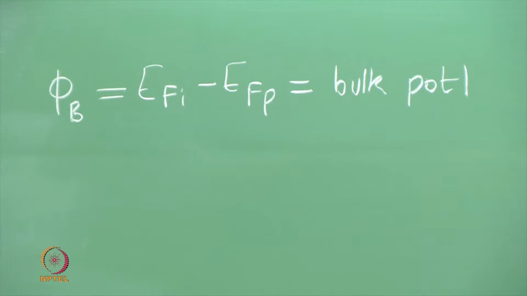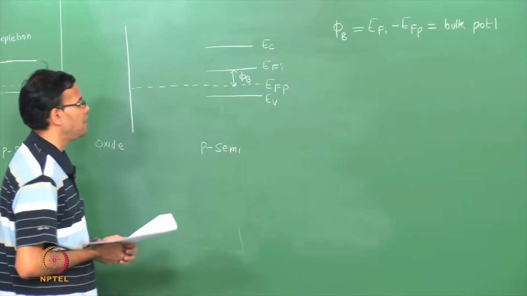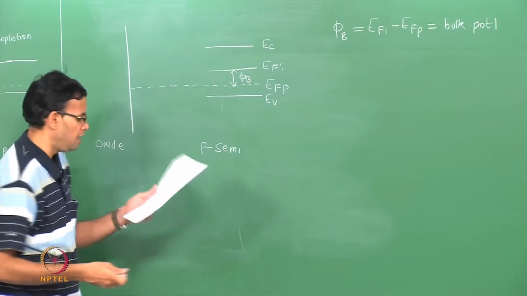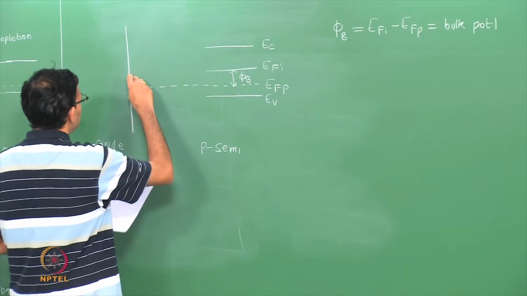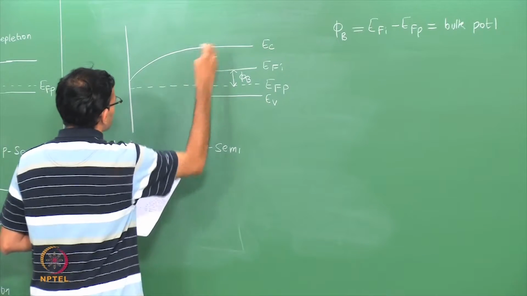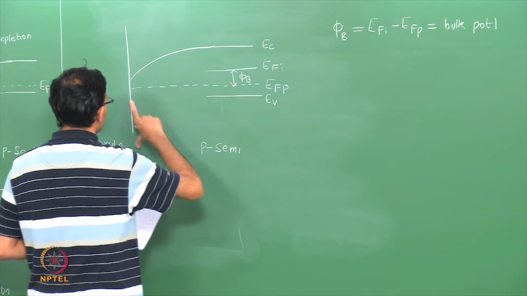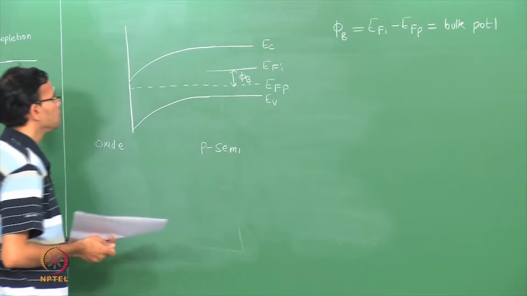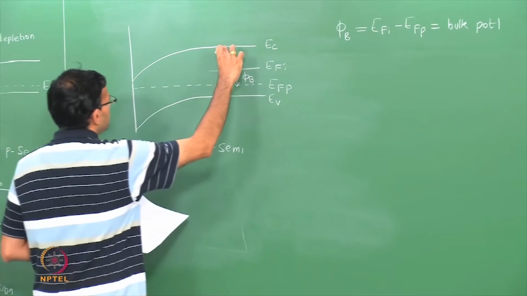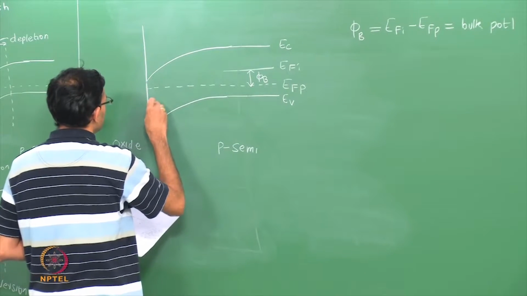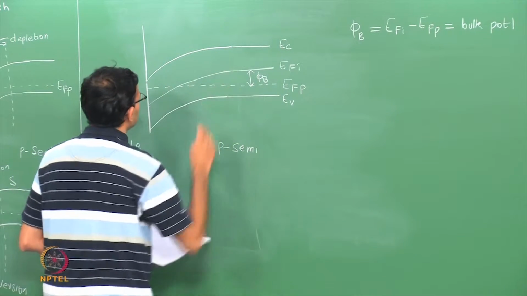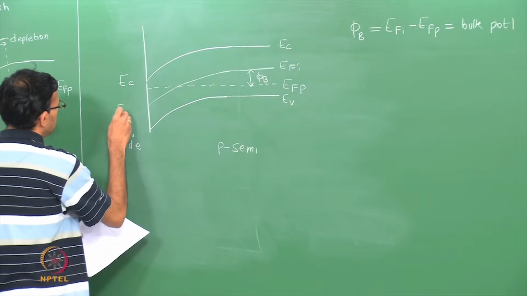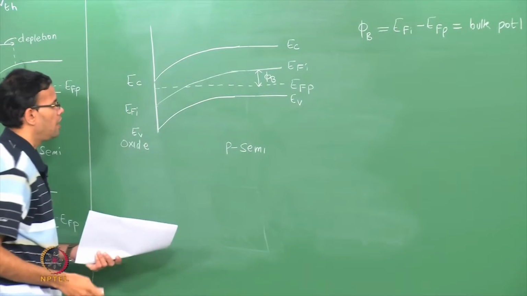So, now we have applied a potential such that you have an inversion layer at the surface and you also have a depletion layer. So, I will also draw EFI. So, this is EC, EV and EFI.